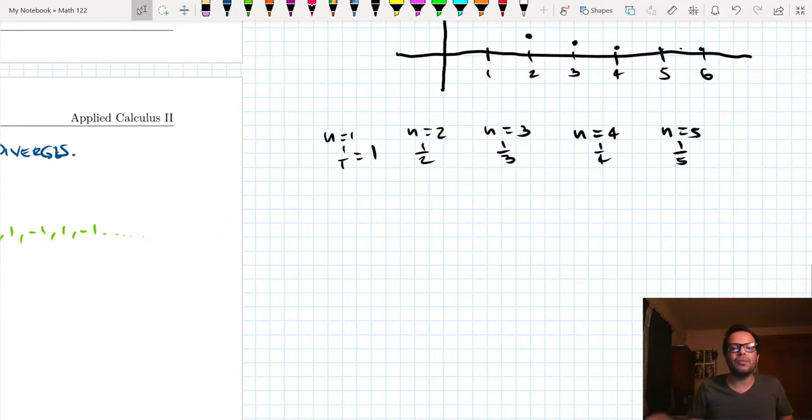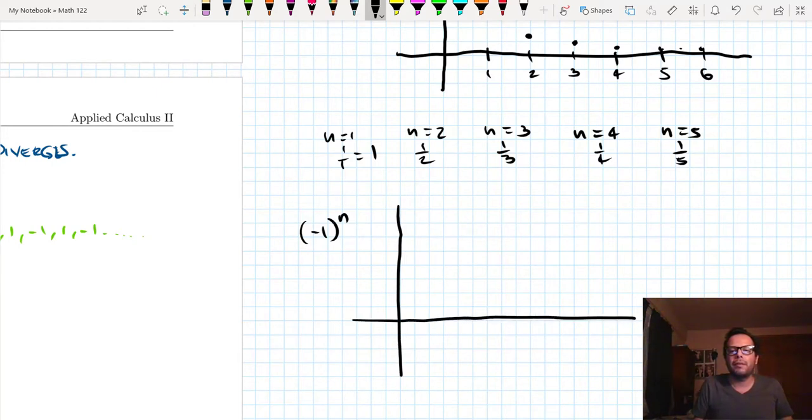What about this sequence now? Negative 1 to the n. Let me do 1, 2, 3, 4, 5, 6, 7. That's enough. Negative 1 to the first power is going to give us negative 1.